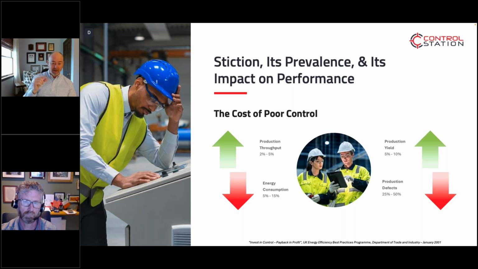It could mean that your production is going up or down 5%, or your energy consumption is going up or down 5%, just on 1% stiction at a valve that's 20% open. So the fact that you're not landing right on set point is also critical here to the effect of controls. And we'll see more on that in some of the later slides.